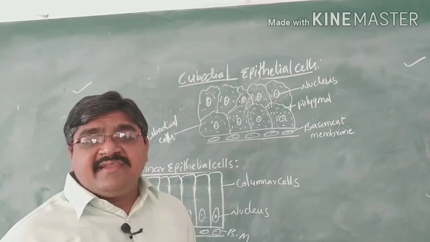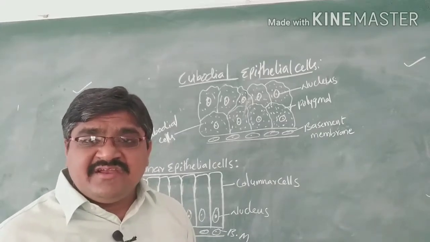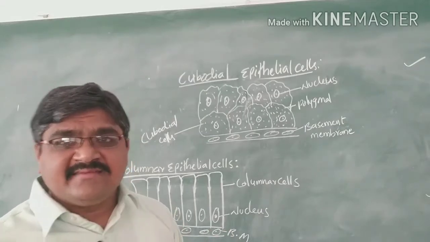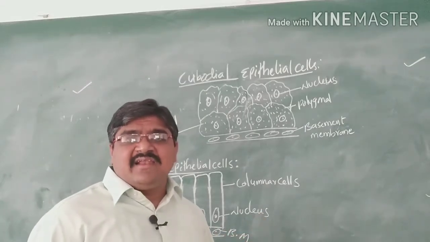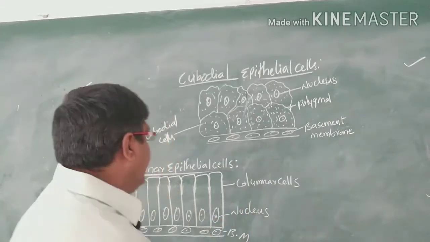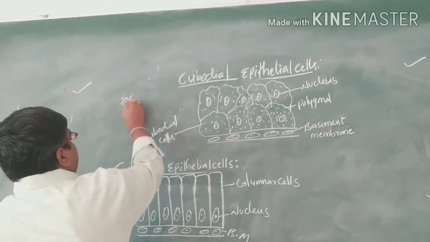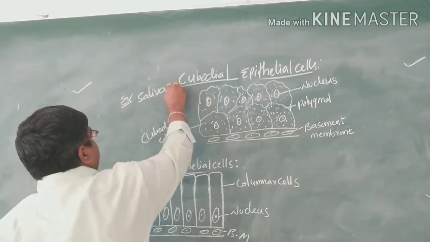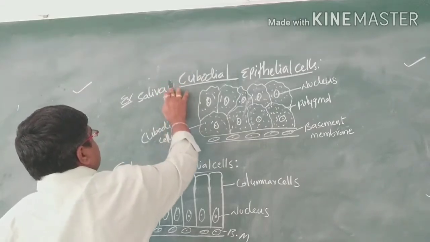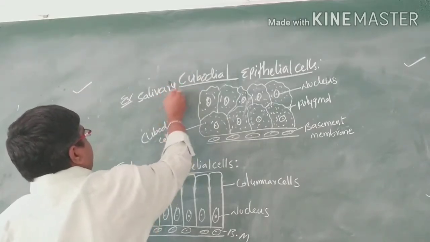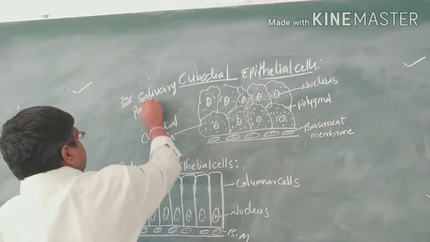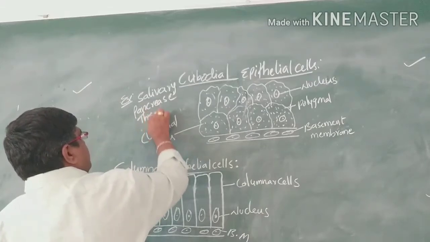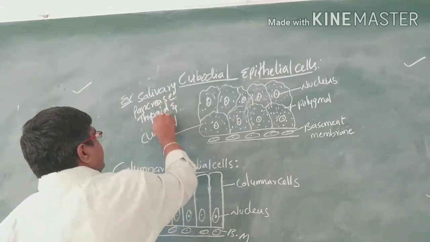These are present in many glands, such as the salivary glands, the pancreas, the thyroid, and also the kidney tubules.